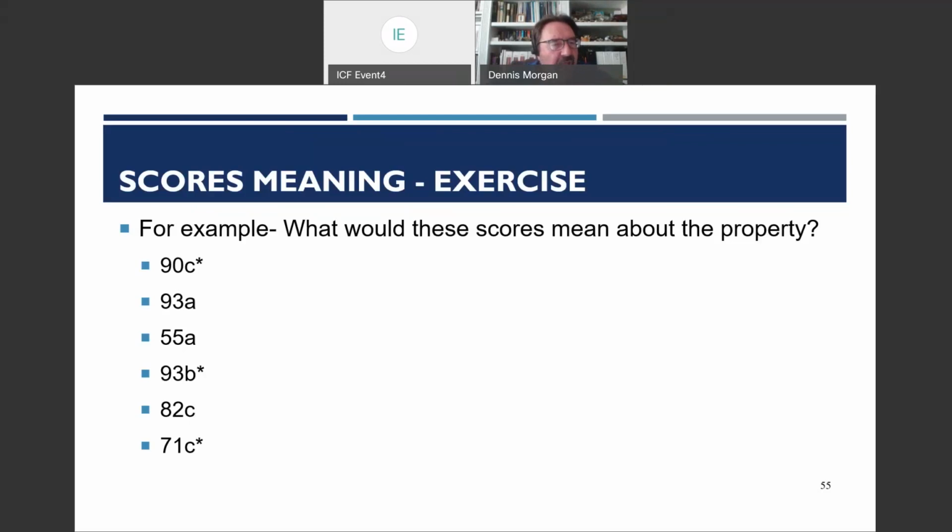The 93A, no star. Because a 93, rotation every 3 years. The A means that I don't have any health and safety issues on the property, and I don't have any smoke alarm issues on the property as well. So the 93A, no star, is the best of the scores that you see up here. Hopefully, what I'm trying to achieve is 100A, no star.